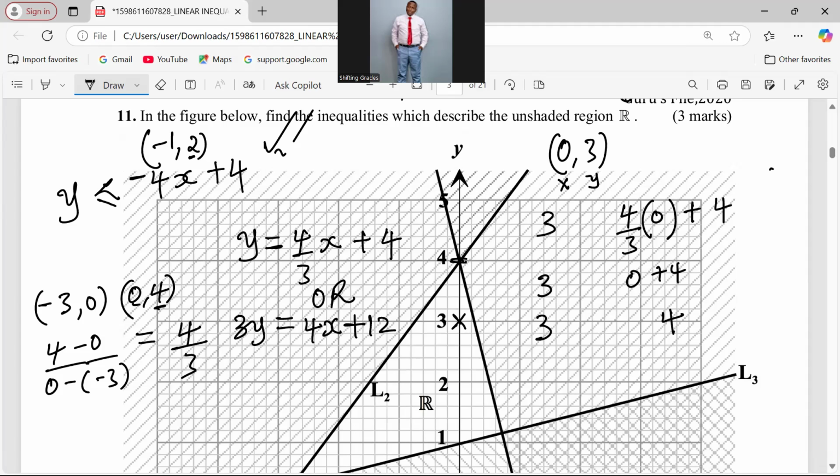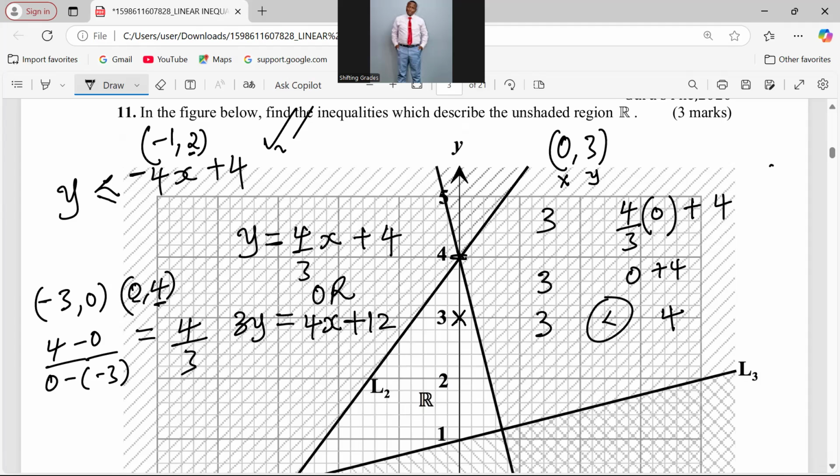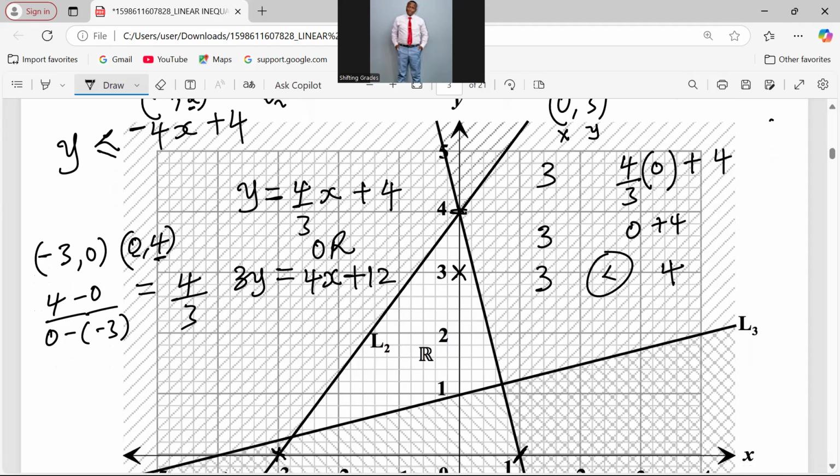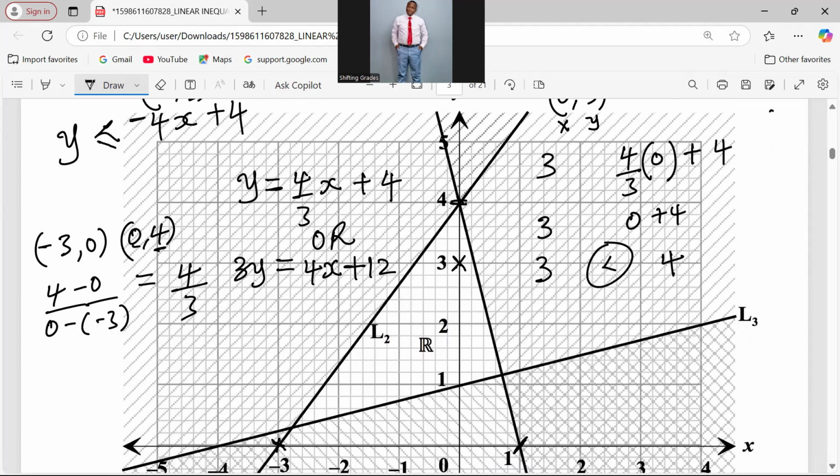have a relationship. What is the relationship between 3 and 4? The relationship is that 3 is usually less than 4. If 3 is less than 4, then the inequality symbol to be fixed there is less than. So the inequality becomes y less than 4 over 3 x plus 4, like that.